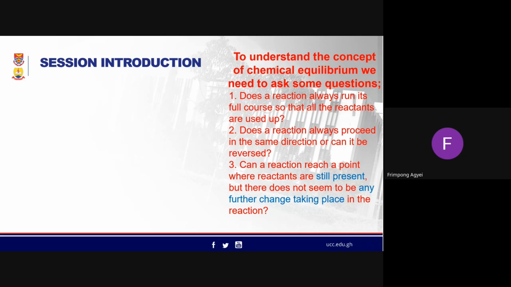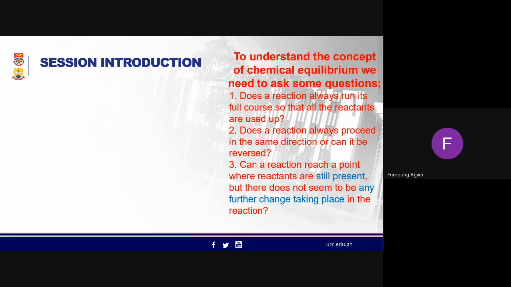The reactant can form the product, and vice versa. So if the reactant is forming the product, the product is also forming the reactant. Then I can say that there is no complete reaction, so the reactant will still be in the system. You can't use it up completely.